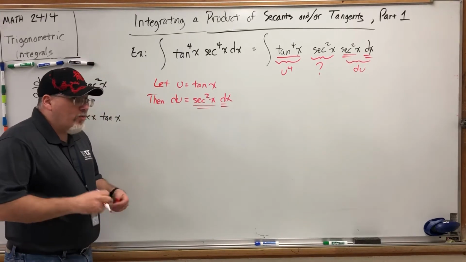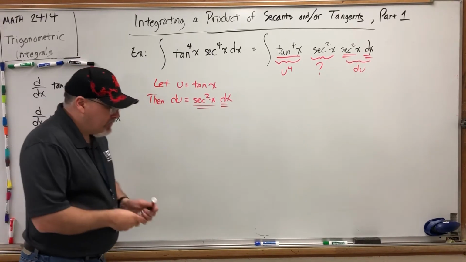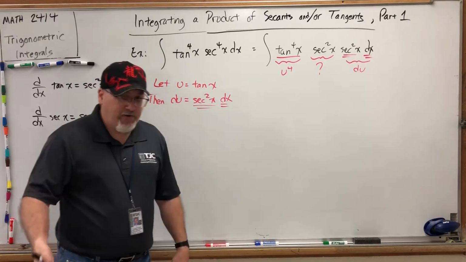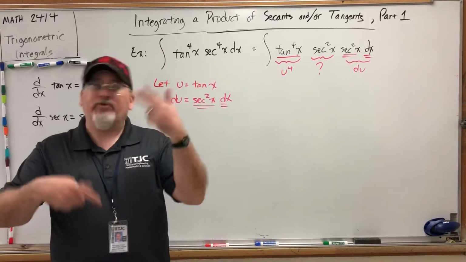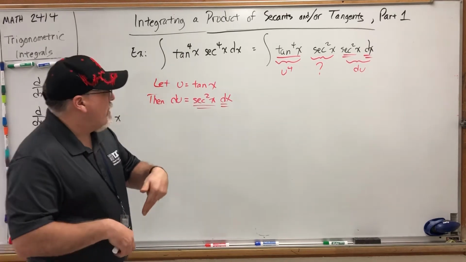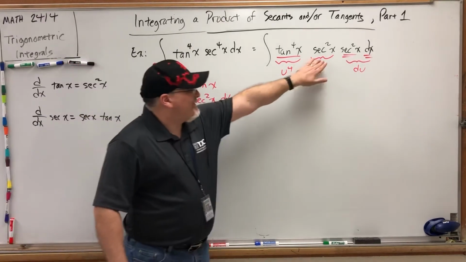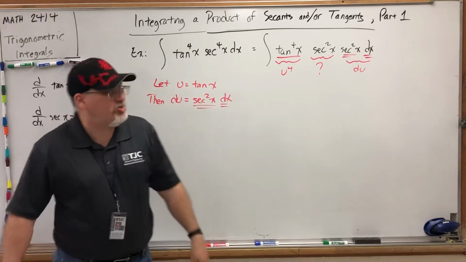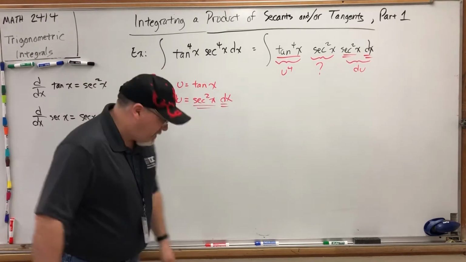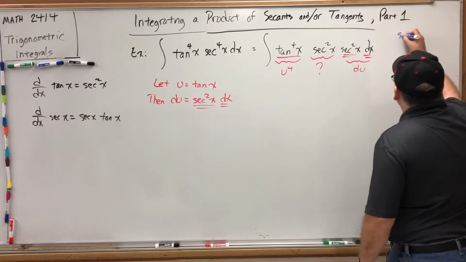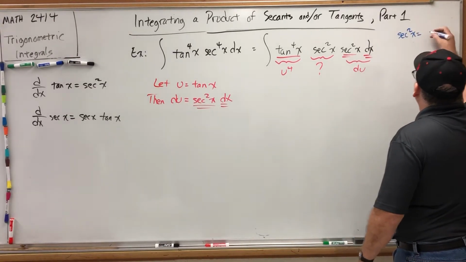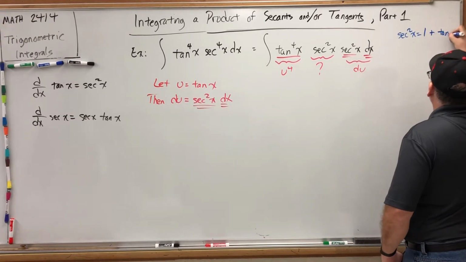If you recall, when we integrated sines and cosines, what we did with the unwanted trig functions is we used a Pythagorean identity to change them into the ones that we wanted. Well, I don't want secants, I want tangents. You see where this is going? We have a Pythagorean identity that says secant squared x is equal to 1 plus tangent squared x.